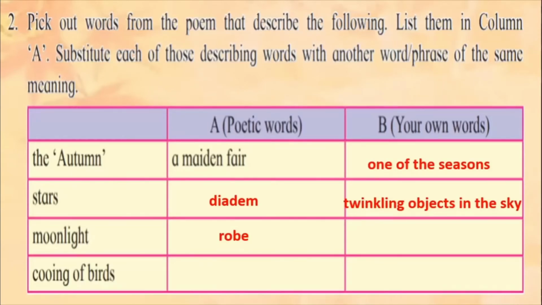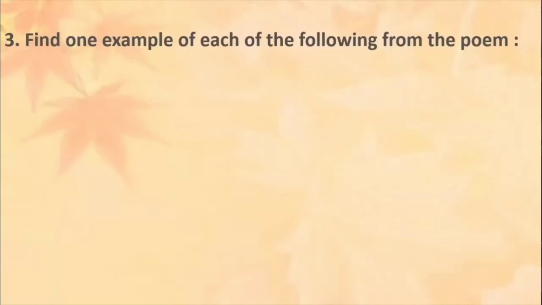Alright, coming to the next part of the English workshop, you have to find one example of each of the following from the poem. So what is it that you have to find out? You have to find out one example of simile. Now children, we will not go into understanding what a simile is because we have already done lessons based on figures of speech.